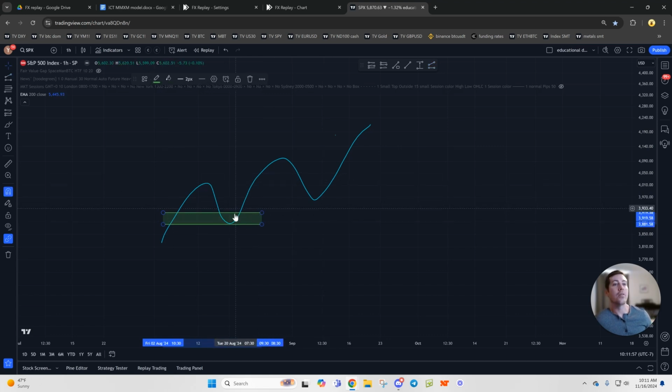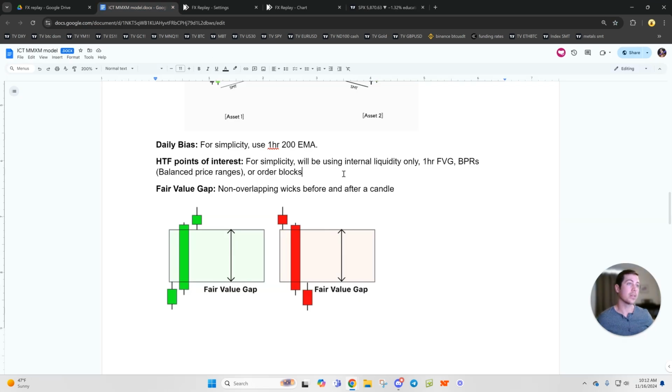Rather than trying to trade both of these, I'm going to be focused specifically on these retraces to internal liquidity on the high time frames. We're looking for continuation of the trend, and that's what we're going to be using for our high time frame on the 1 hour time frame.